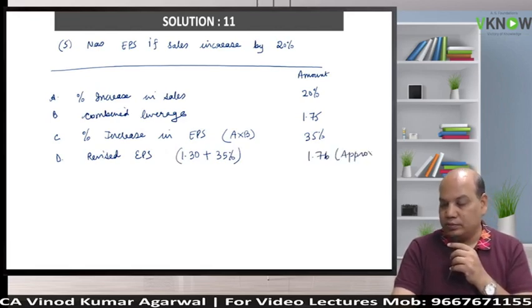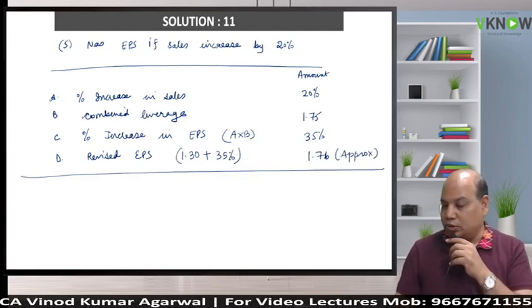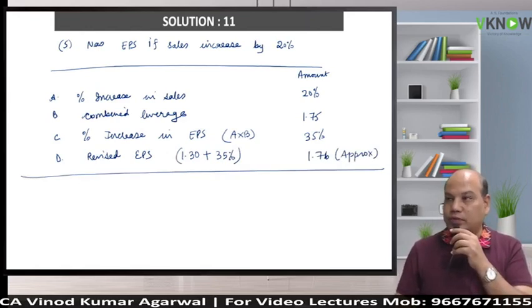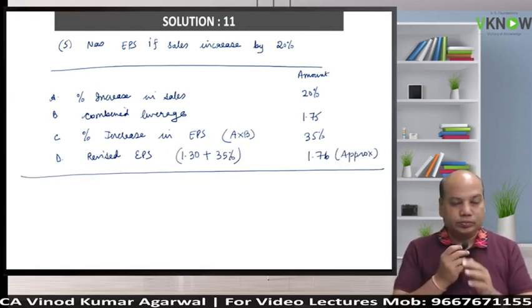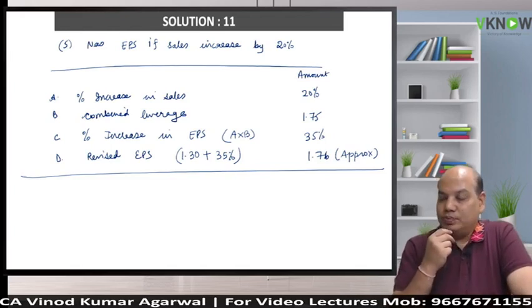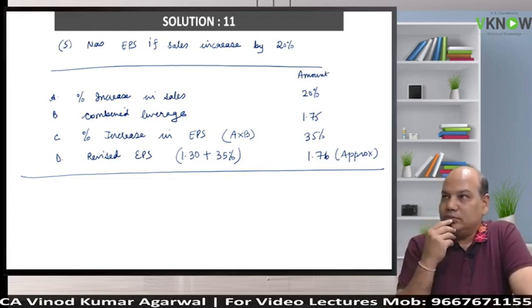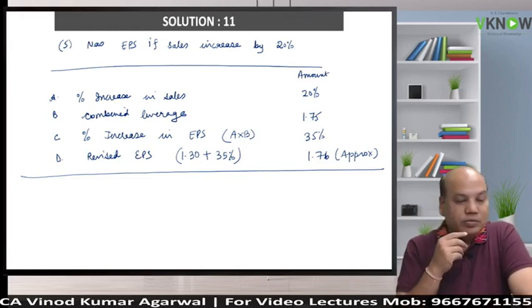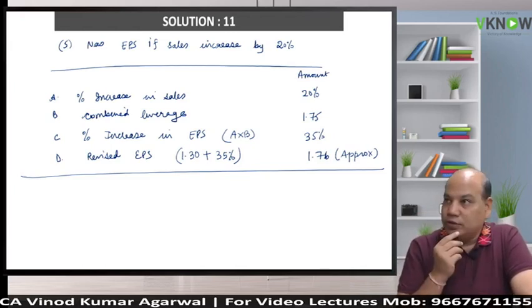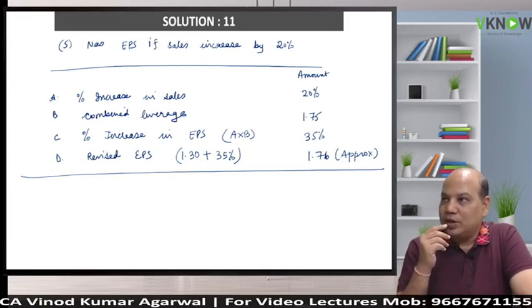Is it right? This way you can do using the knowledge of leverage. Otherwise you can prepare the full table. You can prepare profit and loss statement. Sales is 3,40,000. You can make one column less by reducing by 20%, one column by increasing by 20%.